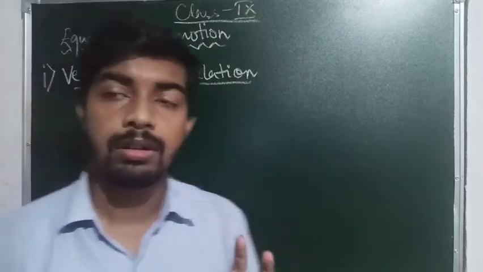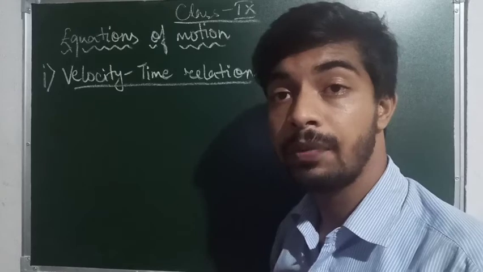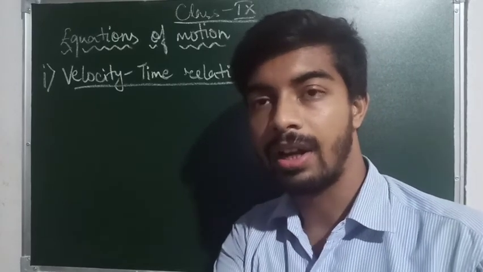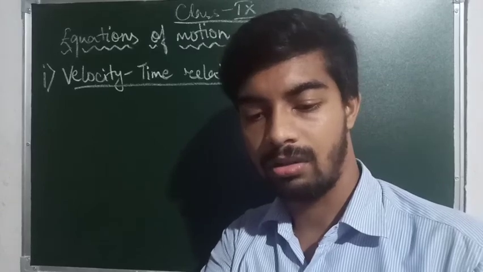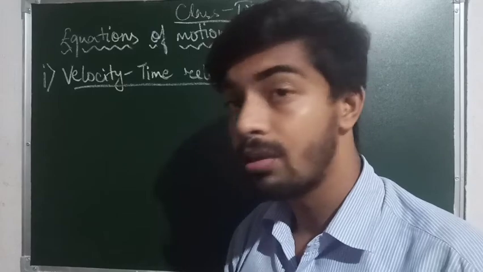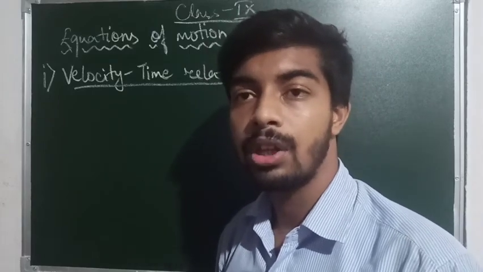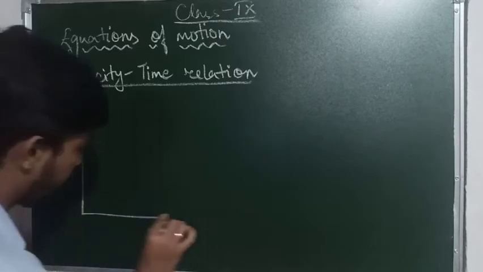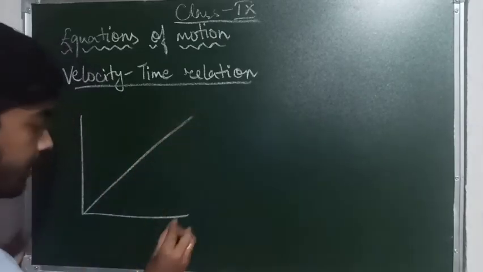If you remember the uniform motion curve, in the previous video when we were learning about the velocity time graph, we learned that for uniform motion the graph was something like this.